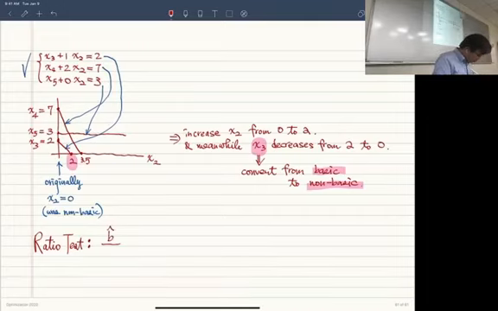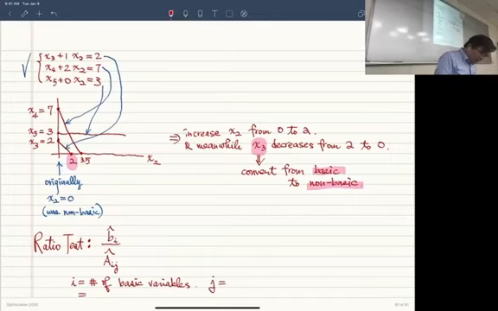The B_i divided by A_ij, capital A. So I is the number of basic variables, and I will change from 1 to M, the number of basic variables.